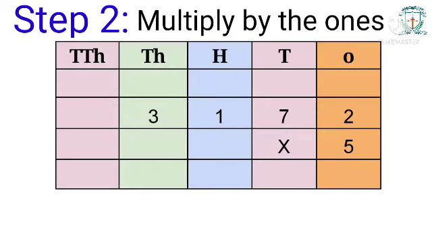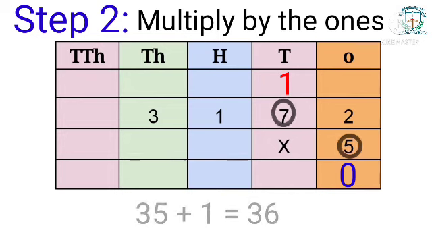Step 2. Multiply by the ones. That is, 3172 multiply by 5. 5 twos are 10. Write 0 in ones column and 1 as a carry forward to tens column. 5 sevens are 35. 35 plus 1 is 36.